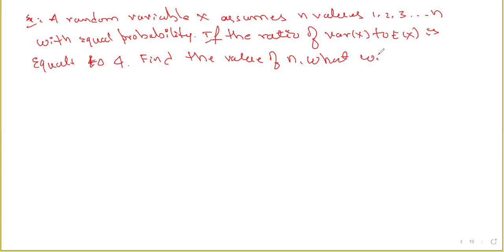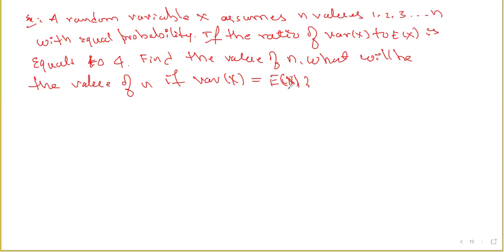What will be the value of n if variance of x equals expected value of x, right? So given question is very simple, but after reading it may feel complicated. So what did they give? They gave a probability distribution here.